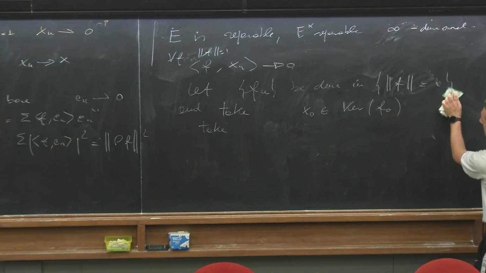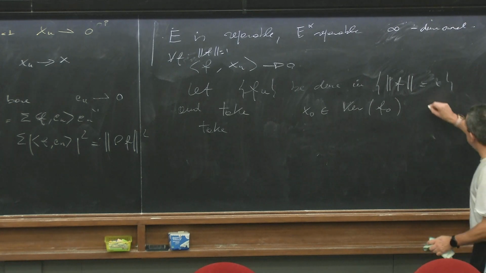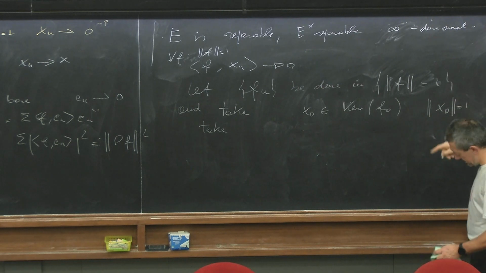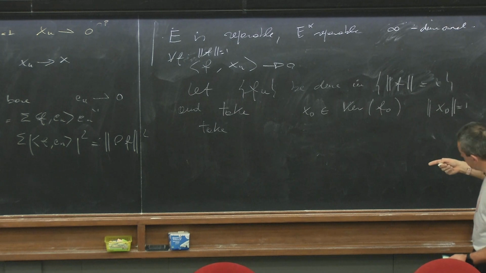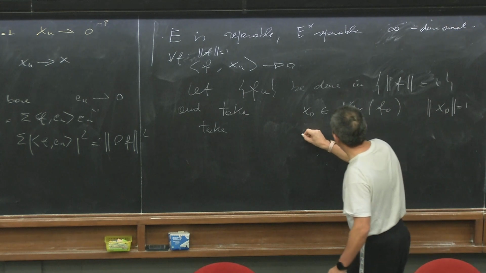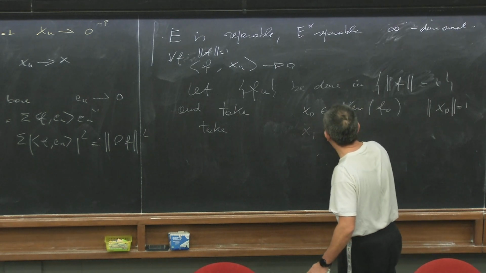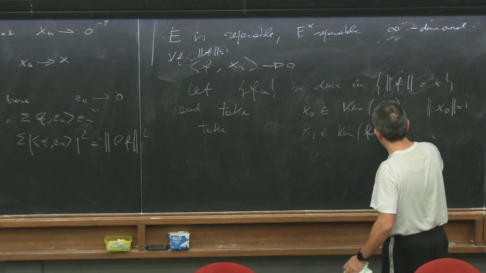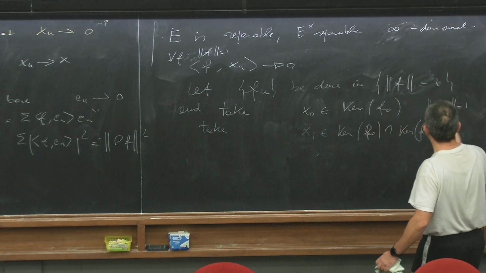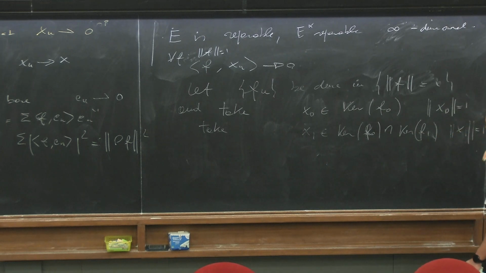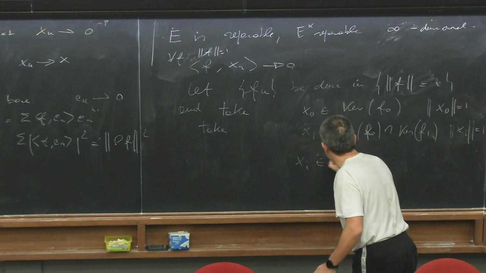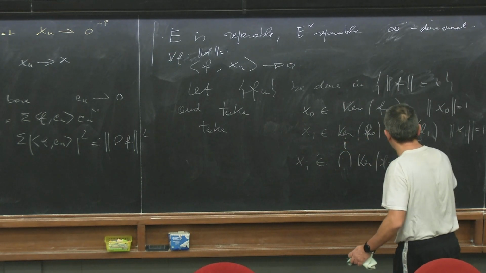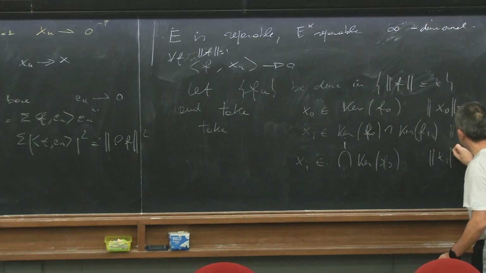Let me just think. So I take now x1 in the kernel of f0 intersection the kernel of f1, and norm of x1 equal to 1. And so at the end I have xi belongs to the intersection up to i of the kernel of fj, and the norm of xi is equal to 1.